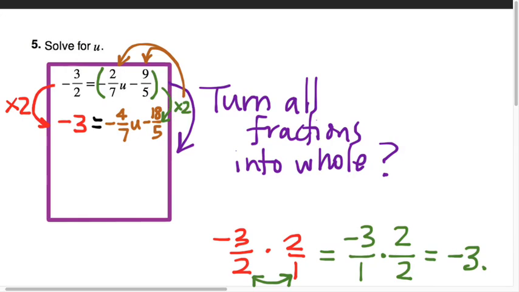So we've made some progress. We've gotten rid of one of the fractions, but we still have a couple more that we might want to deal with. So what's a way that we could deal with one of these two? What can I do next if I want to get rid of another fraction? If multiplying by 2 is enough to clear out this fraction, what can I multiply by next if I want to clear out another fraction?